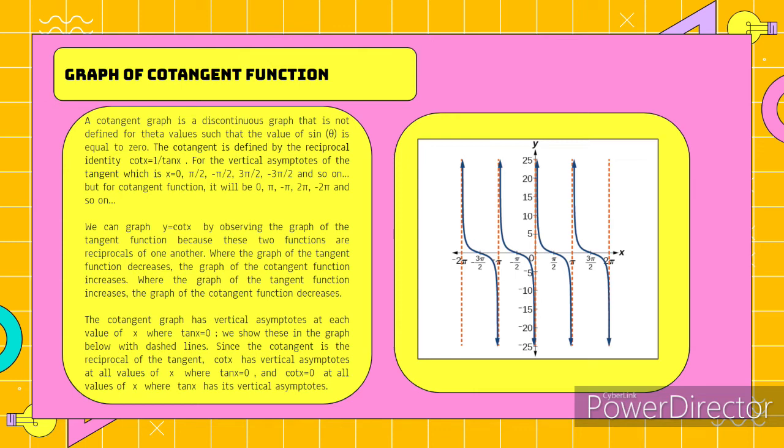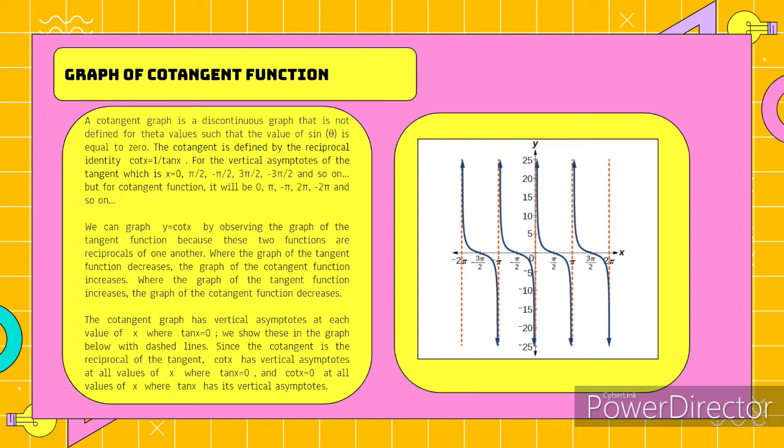The vertical asymptotes of the tangent are x = 0, π/2, −π/2, 3π/2, and −3π/2, and so on. But for cotangent functions, they will be 0, π, −π, 2π, and −2π, and so on.